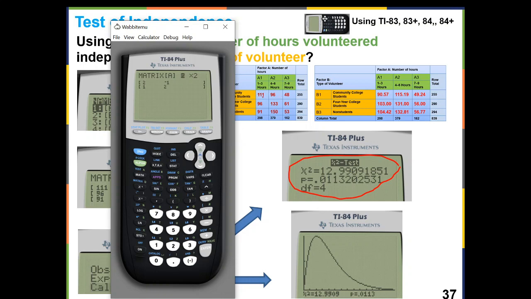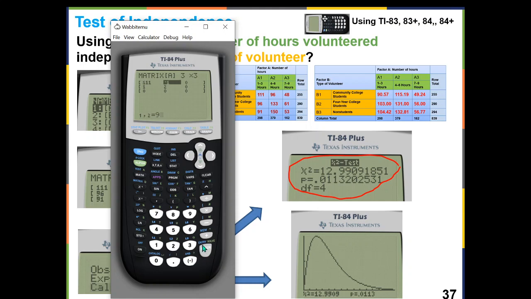The size of the matrix is 3 by 3. 3 rows, 3 columns. Number of rows goes first. So that's 3 rows and 3 columns, right? And then we put the numbers in there. So 111, that's the first. We put the observed values there, not the expected.